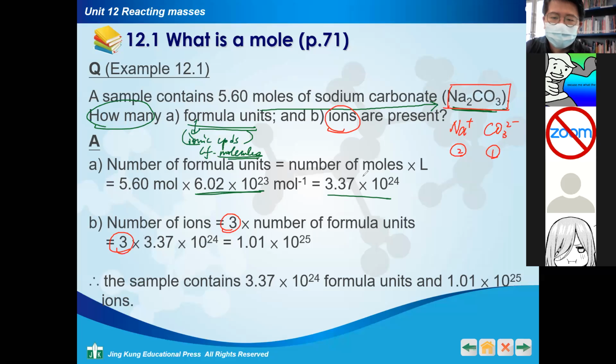We have got 1 formula unit of Na2CO3, which means that we have got 3 ions in the substance Na2CO3. Can you get my point? So that's why we need to times 3: 2 for sodium ion and 1 for carbonate ion. So that's why the number will be quite large, larger than the previous part. Is that clear?